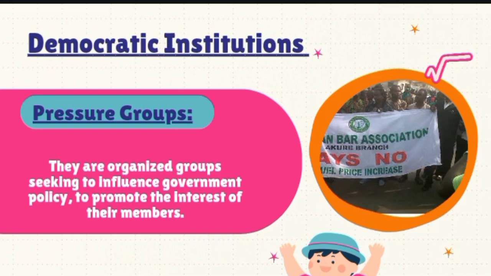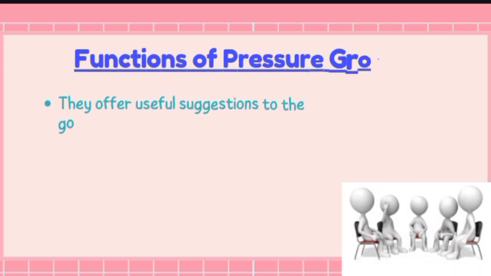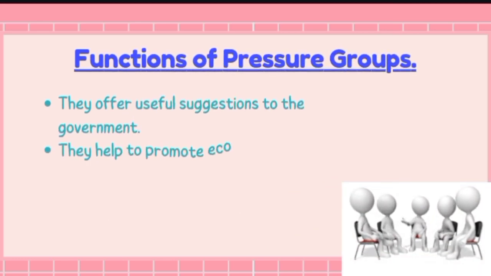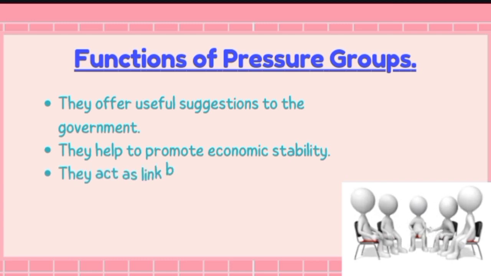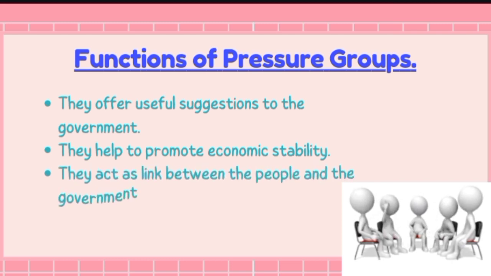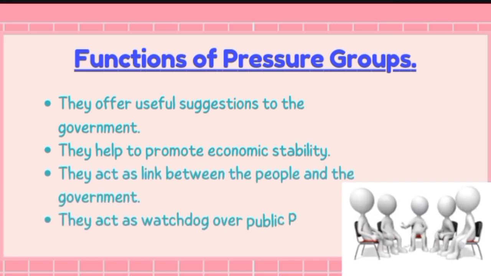Some of the functions of pressure groups are that they offer useful suggestions to the government, they promote economic stability, they also act as a link between the people and the government, and they act as a watchdog over political policies. So these are the functions of the pressure group.